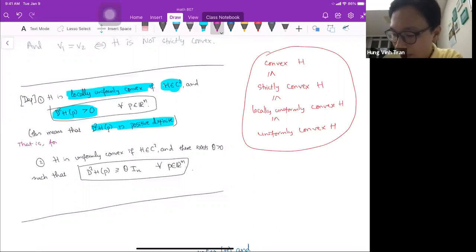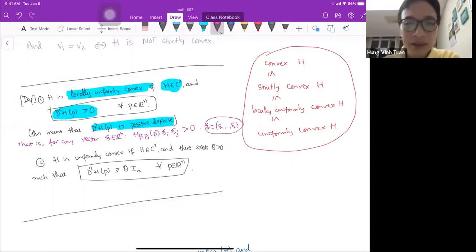For any vector C in R^n, H_{p_i p_j}(p) C_i C_j is always greater than 0, where C is C_1 up to C_n.